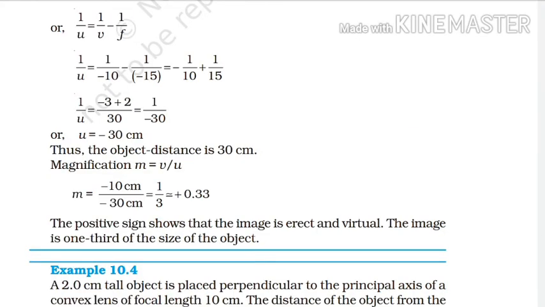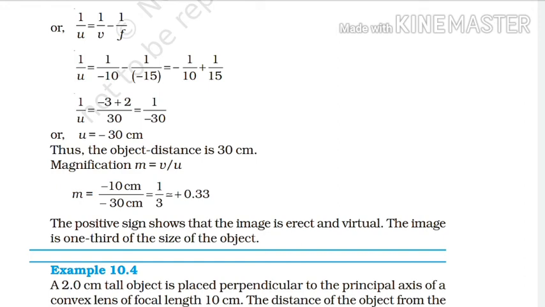Since magnification m has a value less than 1, 0.33, it implies that the size of the image is smaller than the size of the object, and the plus sign indicates that the image is erect and virtual.